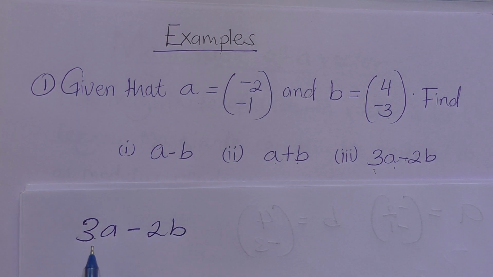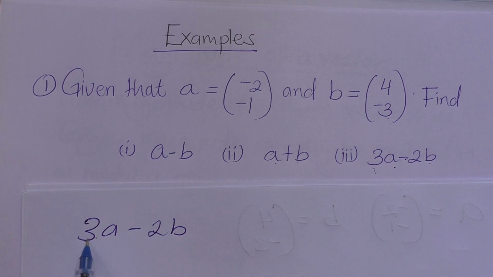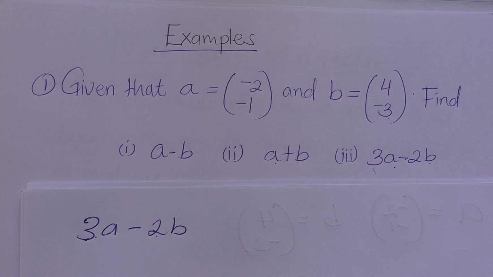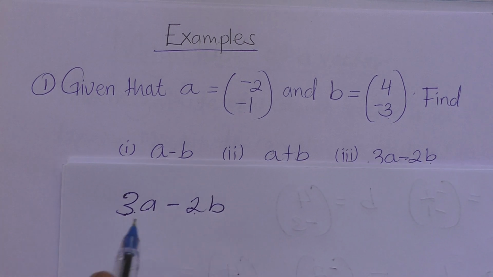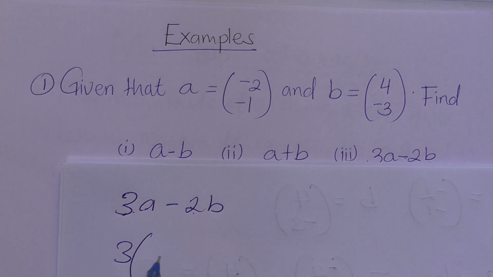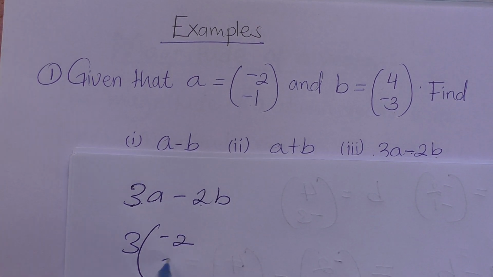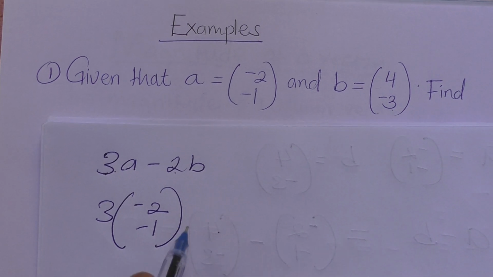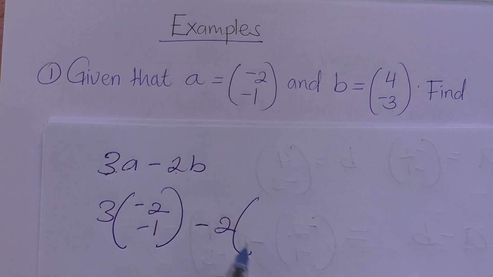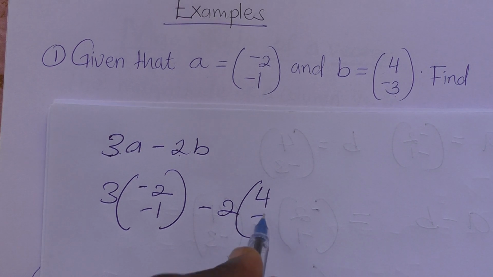This means that before we subtract, we need to first multiply a by 3. So 3 and 2 are what we call scalars. So this is 3 into a, which is negative 2, negative 1, minus 2 into b, which is 4, negative 3.